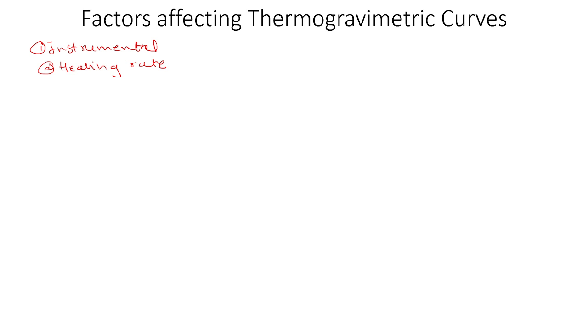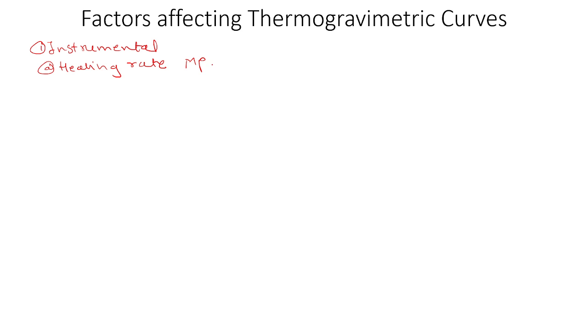If the substance is heated at a faster rate, what will happen? You must have experience that in the lab you are asked to find out the melting point. It is a very simple example. You fill the substance in a capillary, attach it to the thermometer, dip it in the Thiele tube, and you start heating. If you heat it very strongly or at a faster rate, the temperature changes very rapidly.